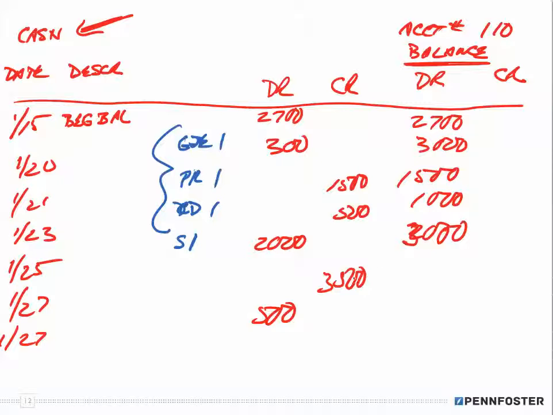And then I'd have a credit of 3,500, which means if I have a debit of 3,000 and a credit of 3,500, the difference between the two is $500. And since the credit is larger than the debit, now all of a sudden I have a credit of $500, which means my cash account is overdrawn. So immediately in the next entry, I know I have to make a deposit of $500 in order to cover that overdrawn situation.